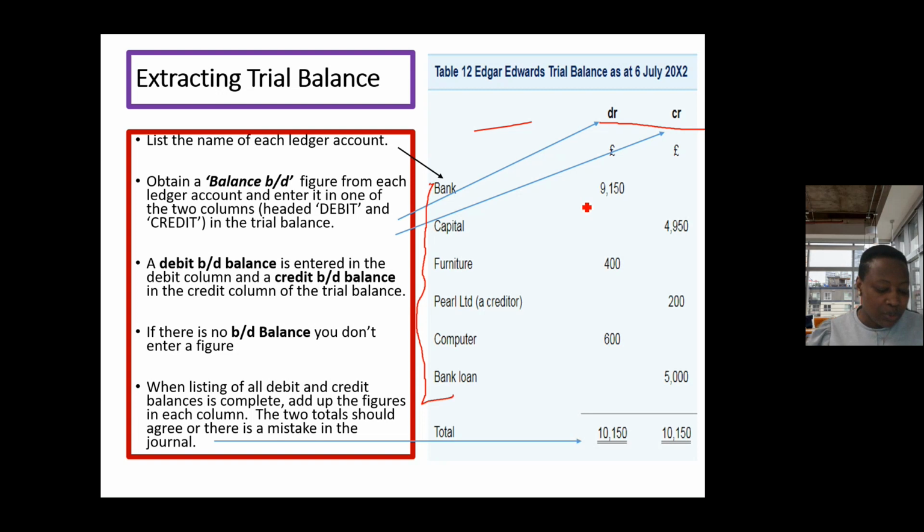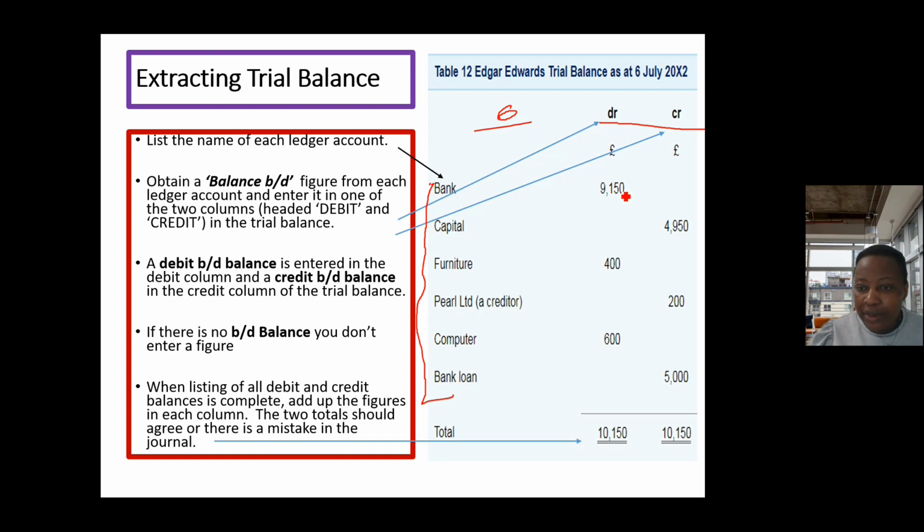We had said that when we look at the two sides of the T account, the one that is higher, you subtract the lower one from the higher one. So if the debit side is higher than the credit side of the bank ledger account, we'll have a debit balance, and then you have your balance carried down. And the figure that you have as your balance carried down becomes your balance brought down for the next period. So it is the balance brought down that you're going to be recording in your trial balance.